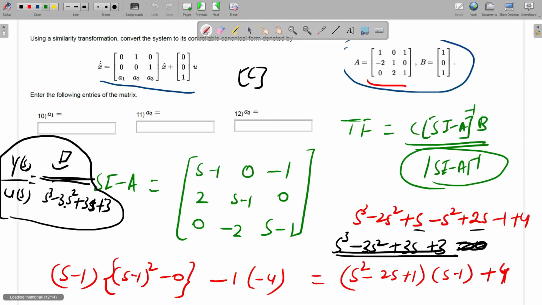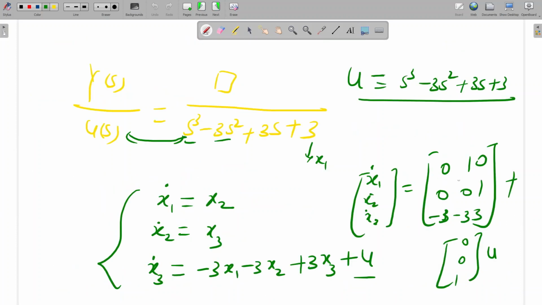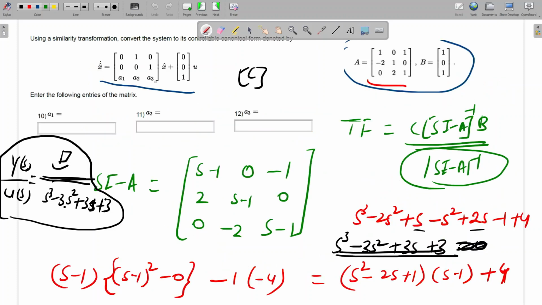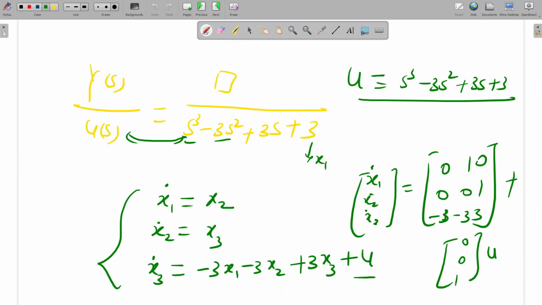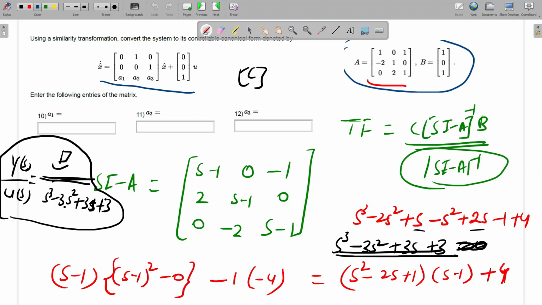So if you see the answer, this will be the answer. So this is the controllable form, and here it will come as a1 a2 a3. So a1 will be minus 3, a2 will be minus 3, and a3 will be 3.